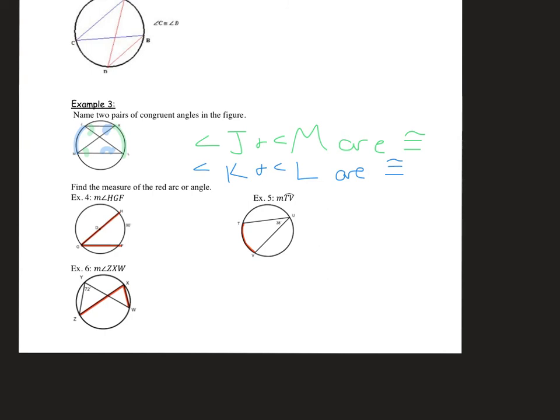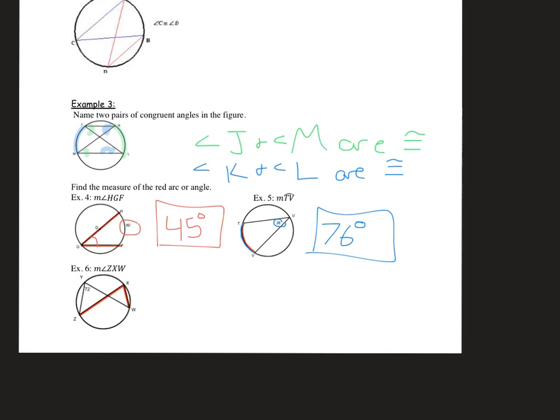In example 4, we are trying to find the measure of angle HGF, which is this angle here. The intercepted arc is 90 degrees, so the angle has to be half of that, which is 45 degrees. In example 5, we're trying to find the measure of arc TV. The inscribed angle that forms arc TV is 38 degrees, so if we double that, we get 76 degrees.